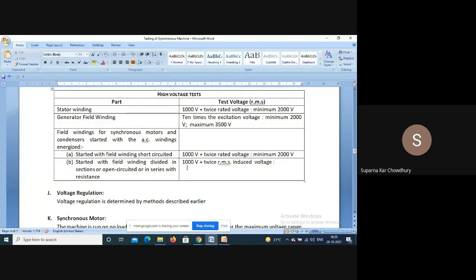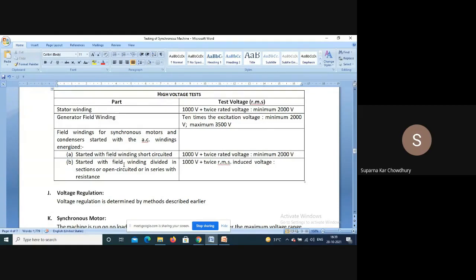So to reduce the effect, it is shorted through a high resistance. During testing, if the motor is started with the winding shorted, then the voltage should be 1000 plus twice the rated voltage, minimum 2000 volt.